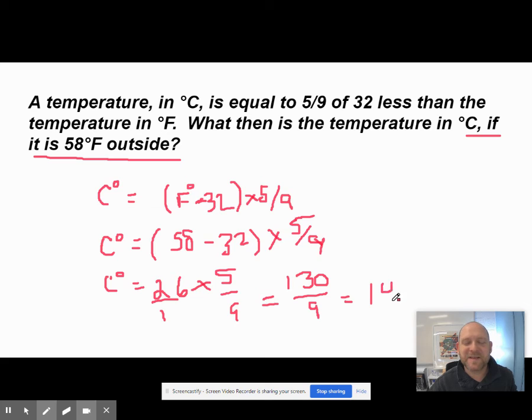It's going to give me 14.4, 14 and 4/10 degrees Celsius. That's my answer. So I plugged in the number that I knew for my degrees Fahrenheit, worked this out, and now my Celsius is on the other side of my equation. So 14.4 is equal to my degrees Celsius, and that's how I know what my answer is.